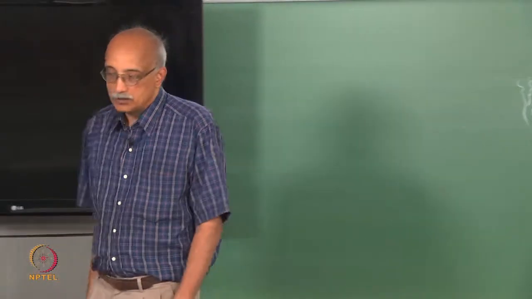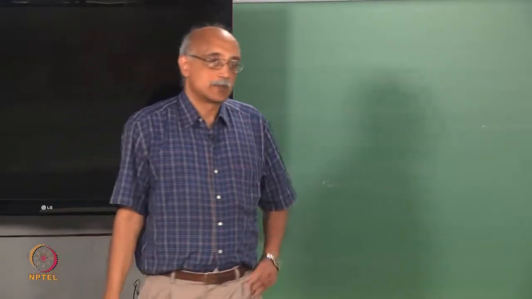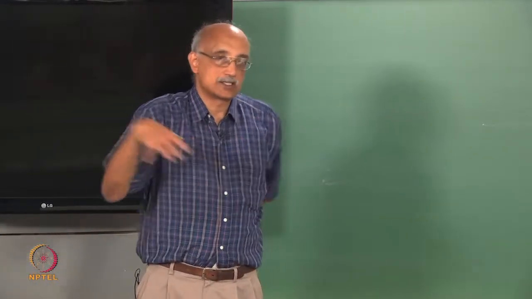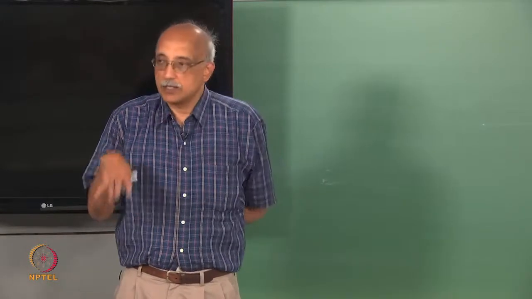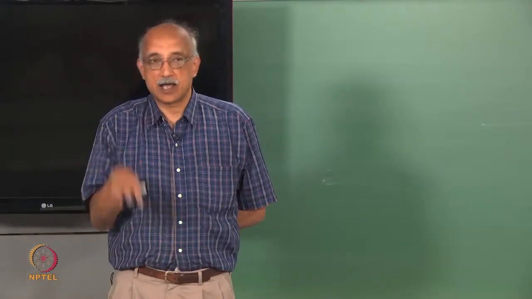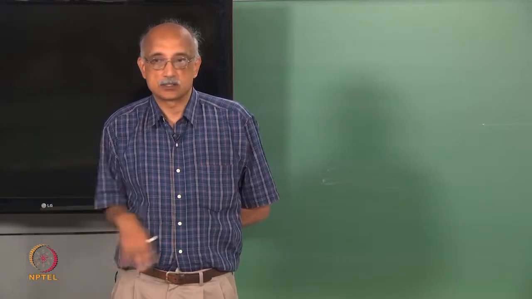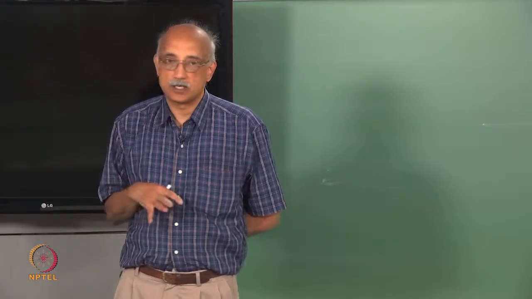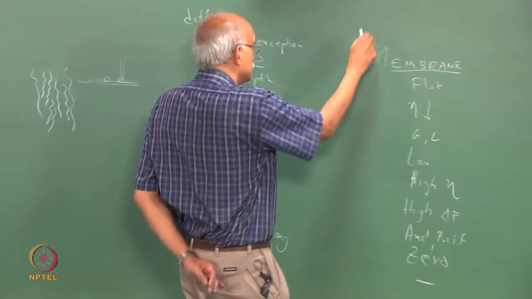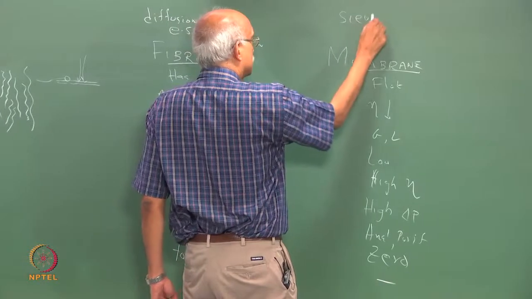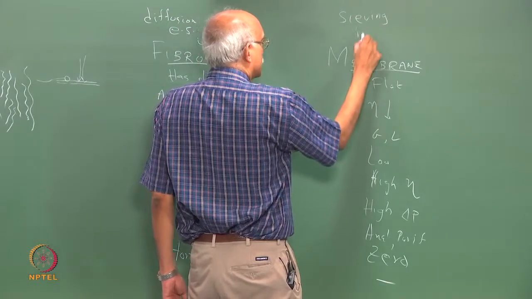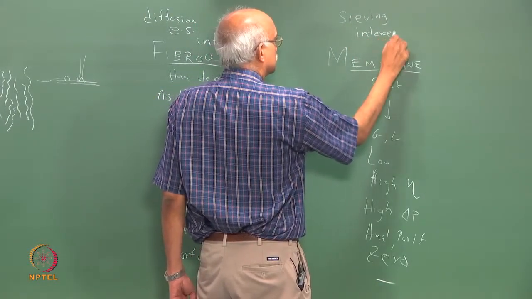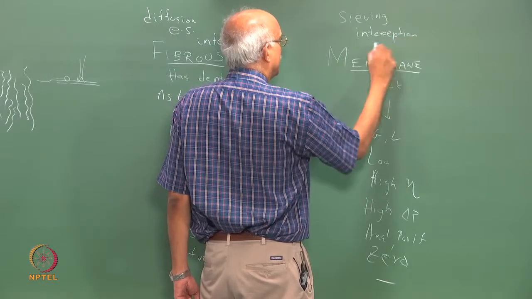In a filter bed that is very unlikely to happen, because the particles are never going to have a sufficiently high normal incident velocity, they are going to have high tangential velocities. So, impaction is virtually absent as a mechanism in a fibrous filter, whereas in a membrane filter the key mechanisms are sieving, interception and impaction.